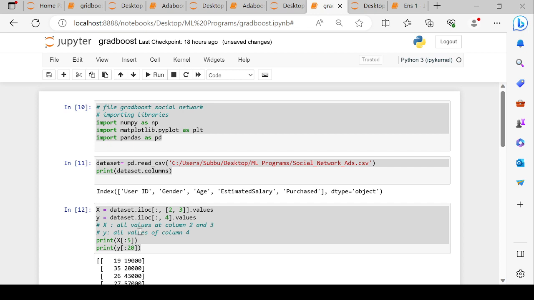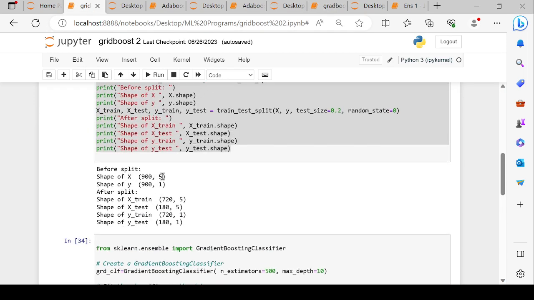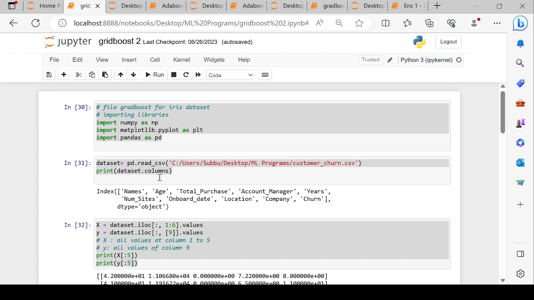Okay, but the next implementation of gradient boost, I have done with the iris data set, so naturally you can expect a good accuracy. So this is gradient boost 2.